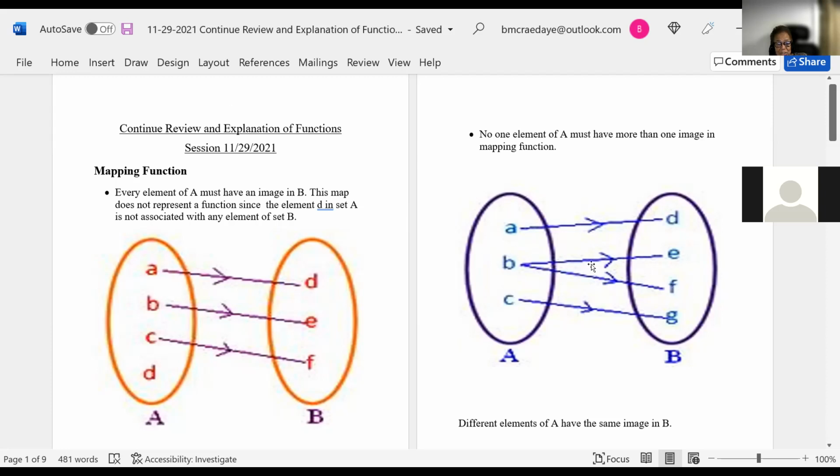That would be a function because it's only mapping to one. I just repeated it, all right? So this does not represent a function because B, we call that the input, is mapping to more than one output. B to E, B to F. That makes it not a function. All right.